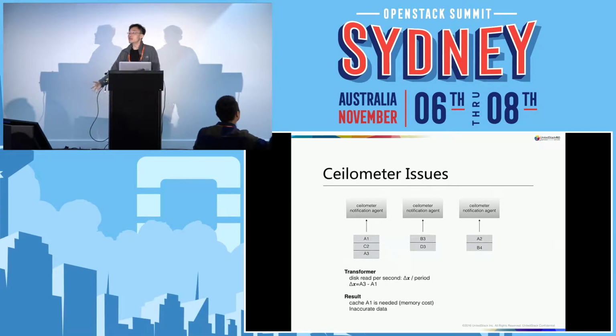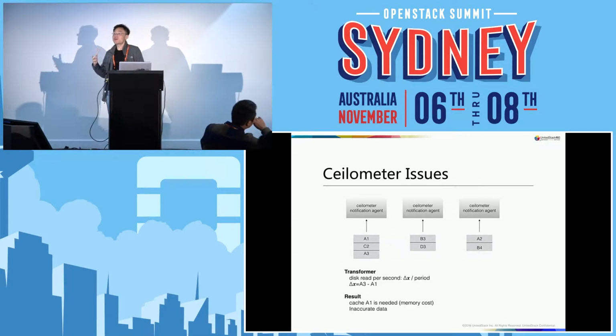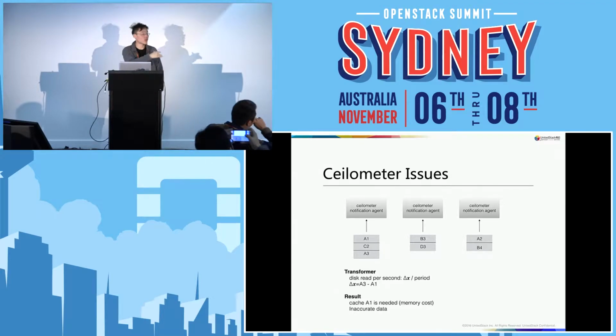What is the problem here? In Ceilometer, we maybe do not use raw samples, and the raw samples will be transformed based on the transformer policies. For example, for disk read per second, we should use the delta values over a period, right?